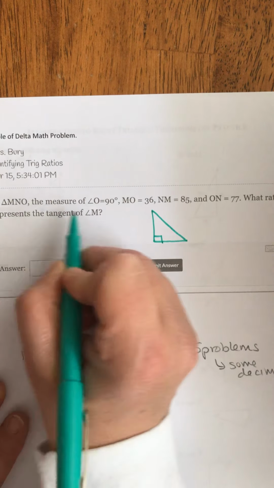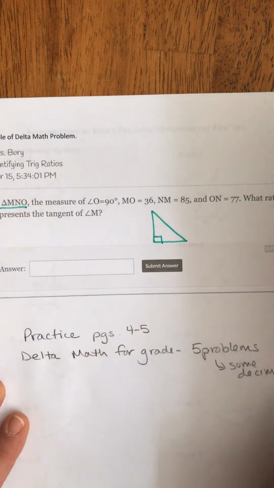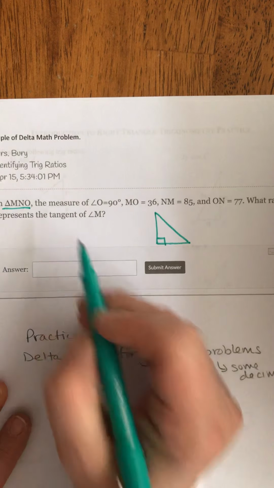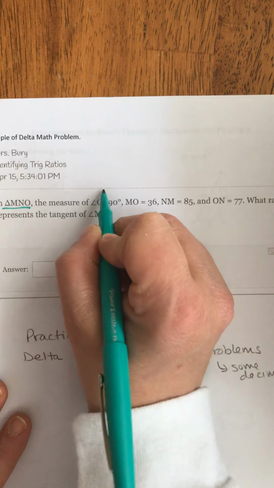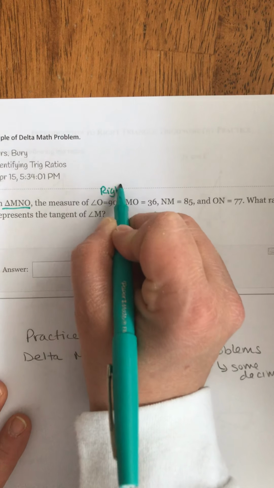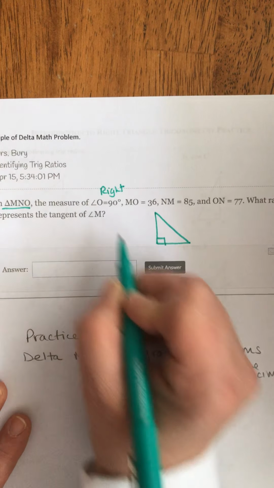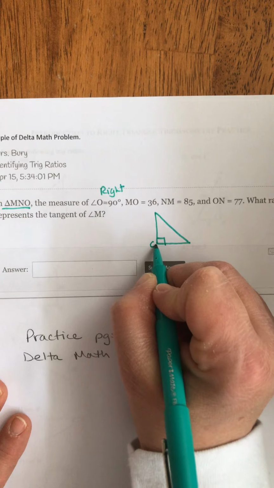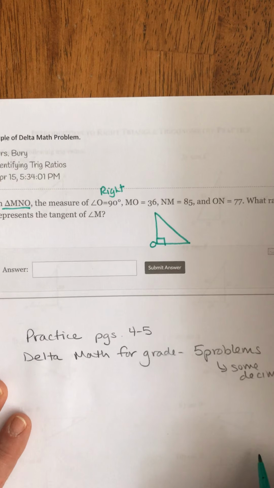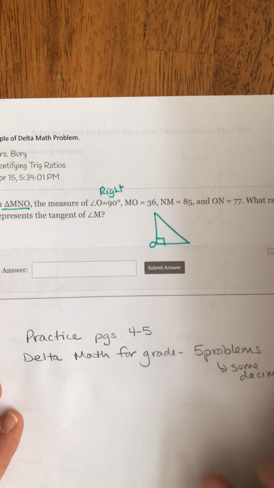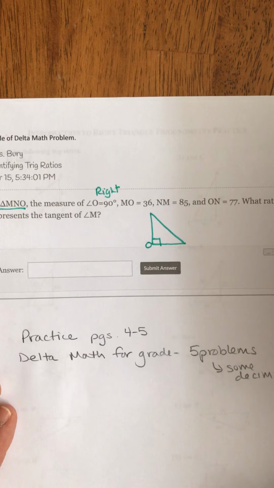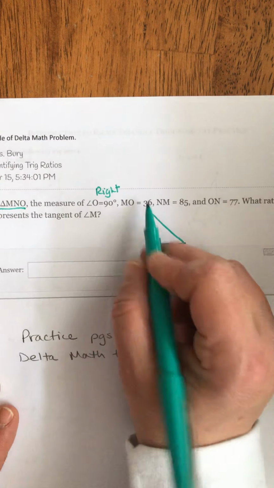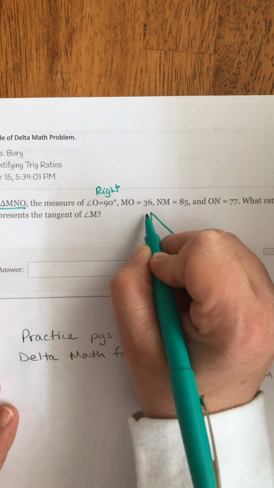Okay, its vertices are going to be M, N, and O. And it says the measure of angle O is 90 degrees. That's your right angle. So angle O should be labeled on the right angle part. It is very important that you label these correctly. Okay? Now, they're saying that side MO is 36. Now, M and N aren't labeled, so I'm going to have to just label those.